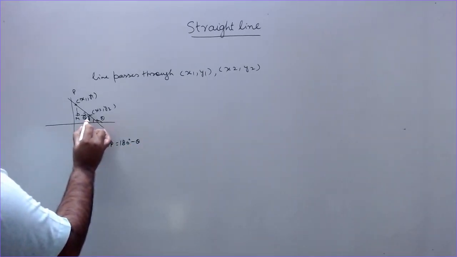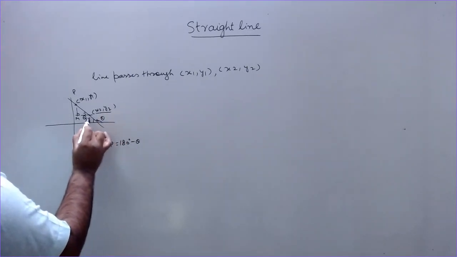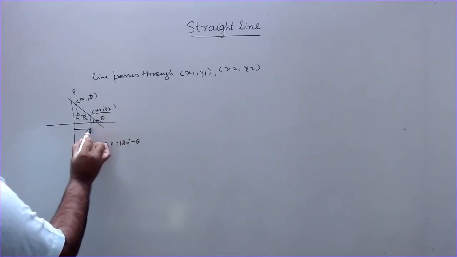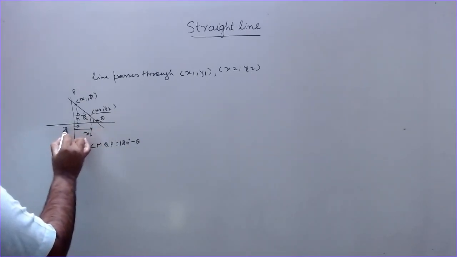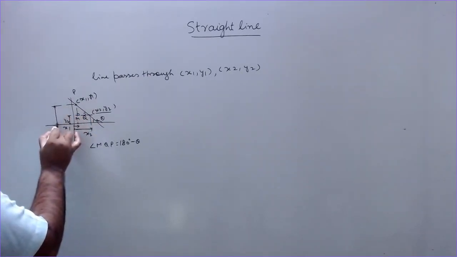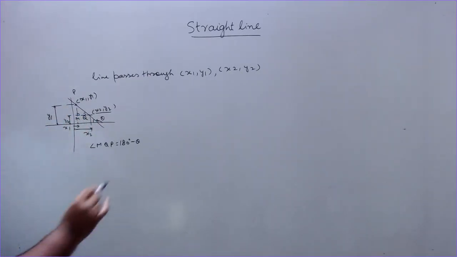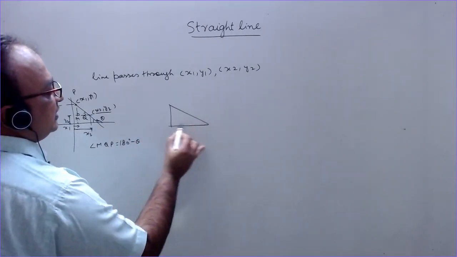So this coordinate along x-axis is x2, so this distance is x2, and this distance is x1. Similarly, this distance is y2 and this distance is y1. So we can show here in a separate diagram. This is a right angle triangle.